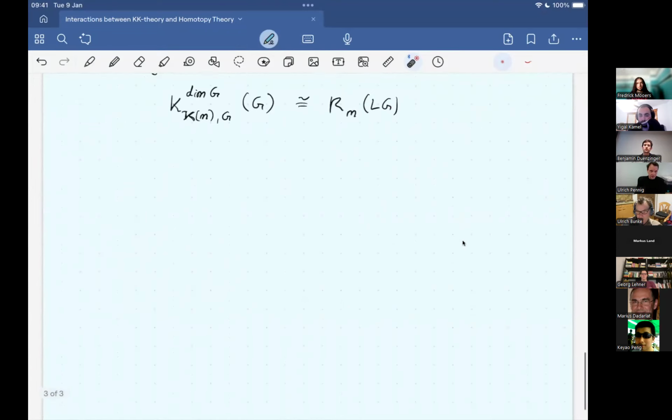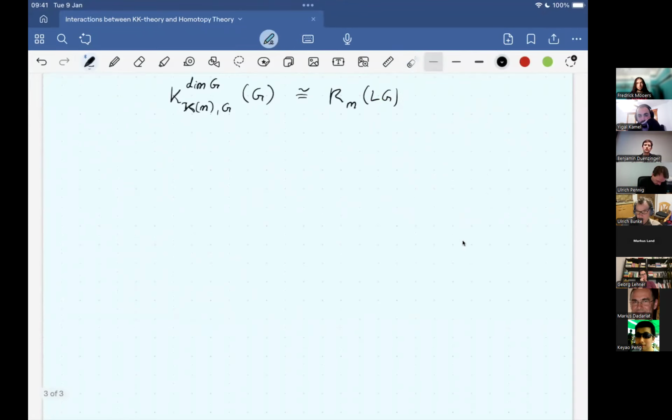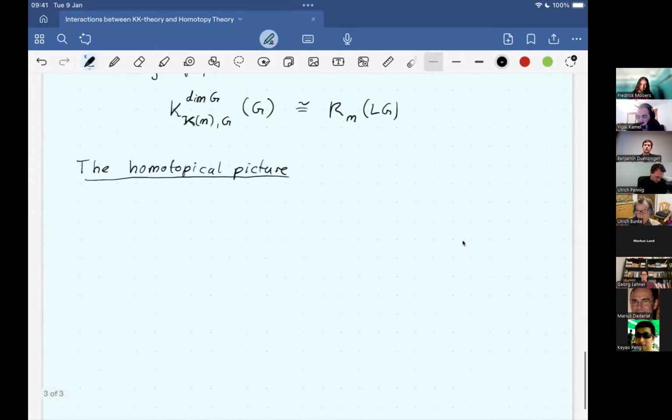Of course, if you want to do homotopy theory, then maybe you should do something completely different, right? So here's the homotopical picture. What we want to do is reformulate this definition of twisted K theory, using what we know.